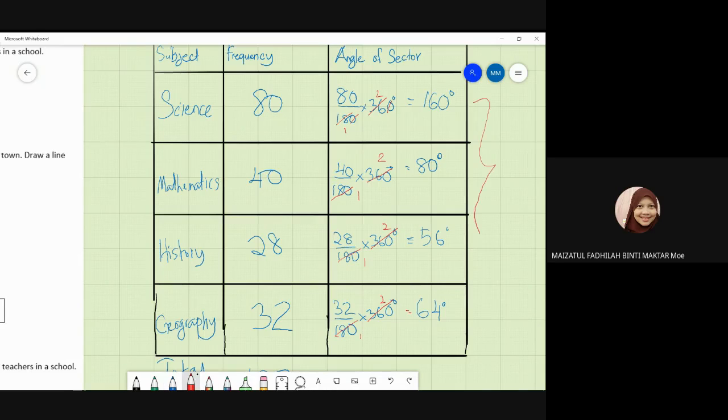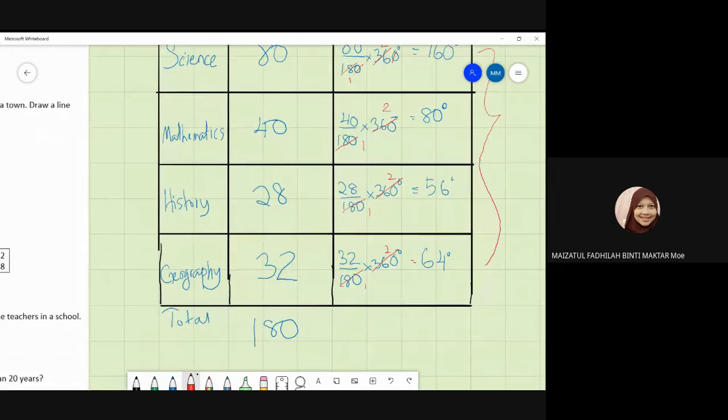You add all the angles here: 160 plus 80 plus 56 plus 64. Done, 360 degrees. So in total here you will get 360 again. Make sure to check whether your answer is correct or not.